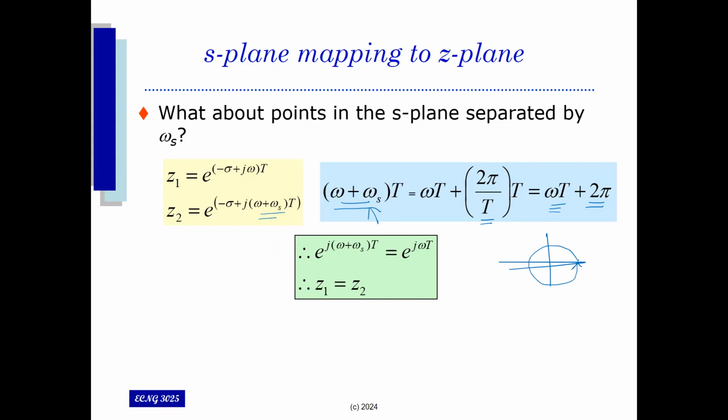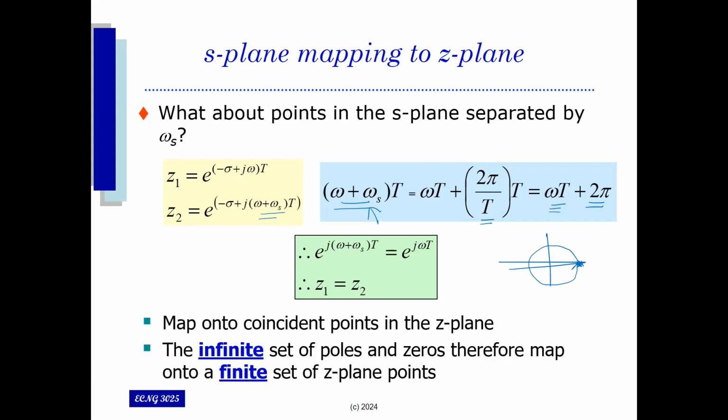You start right here, right? So every plus or minus omega s that you have, in other words, all of those 1,000,001 replicants that you had in the S-plane, all of them are going to map to the same point here. So every particular value of omega s that you have will map onto a single point in the Z-plane.